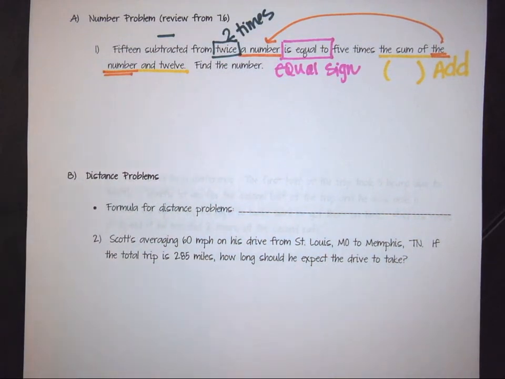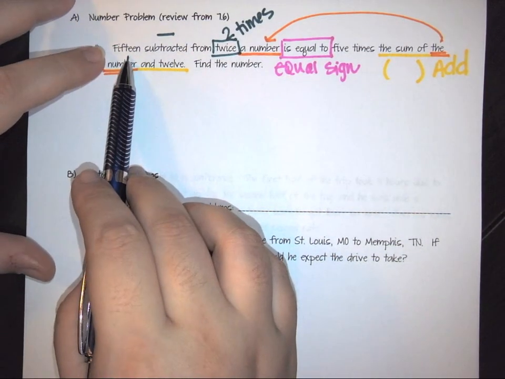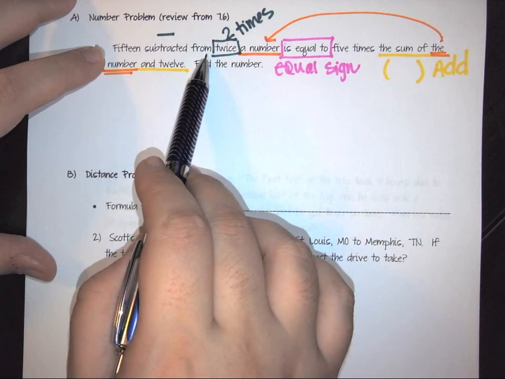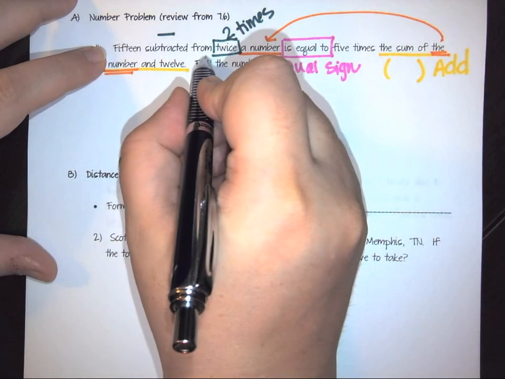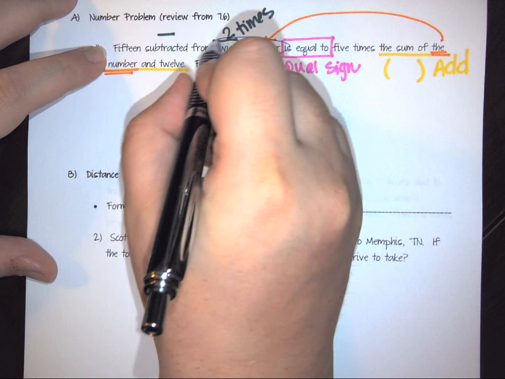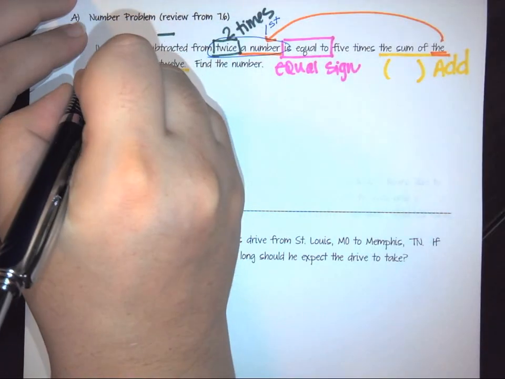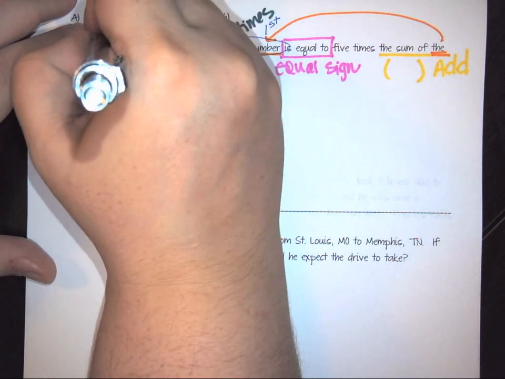So knowing all of that, we can start piecing together what we have. If we look at 15 subtracted from, that means this part goes first and this part goes second.